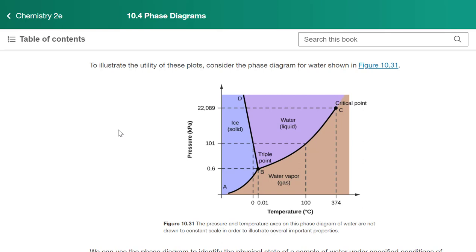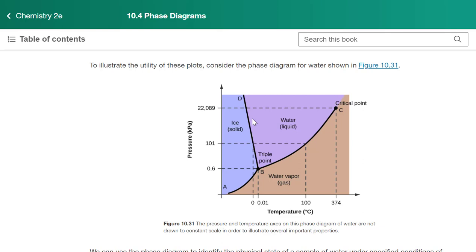So for water, if you were near the solid liquid line, if you had a solid and you increased the pressure of this solid, you might be able to form a liquid under those cases.